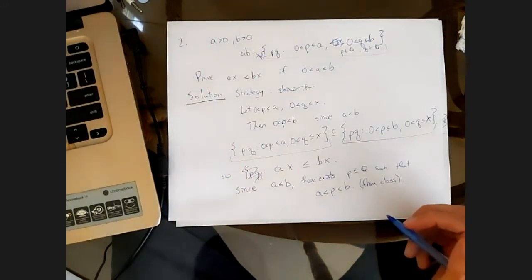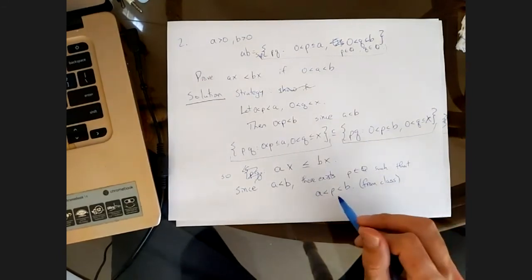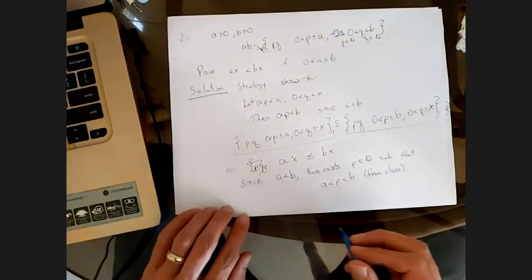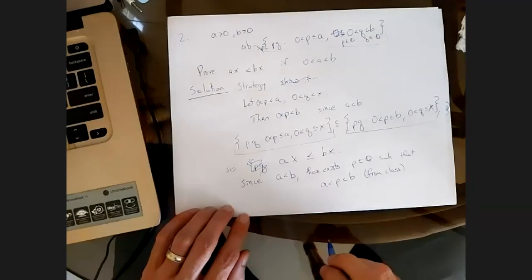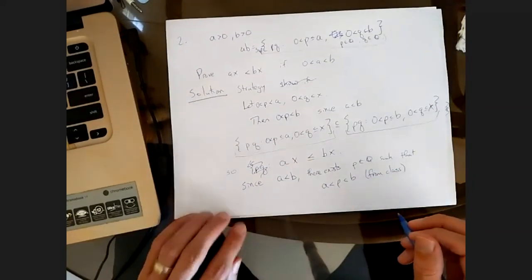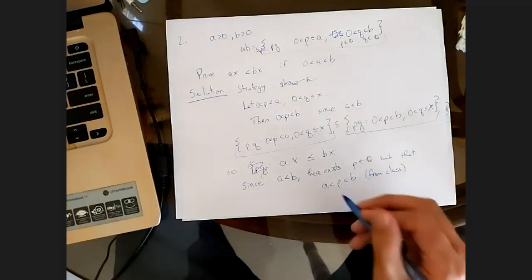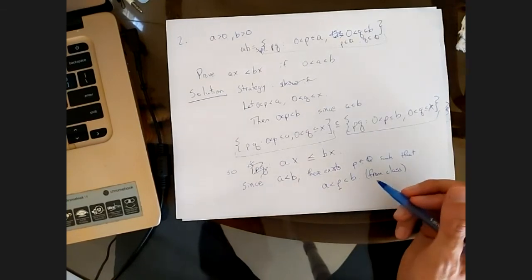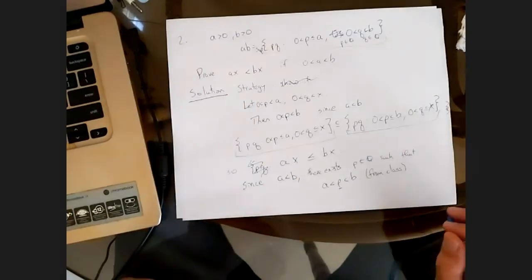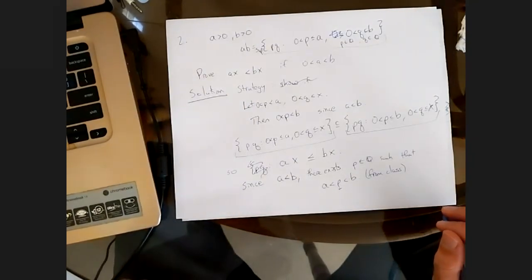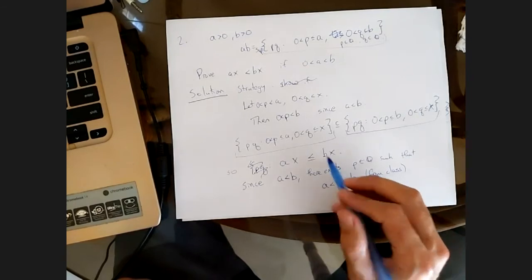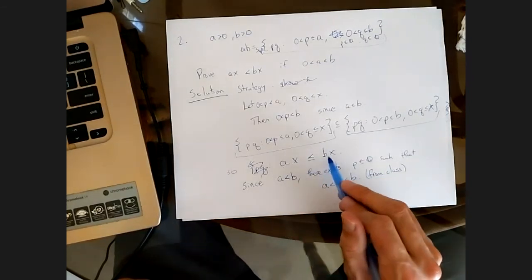Okay, and what this tells us is that, what we can do is use this P to make sure that AX is strictly less than BX.